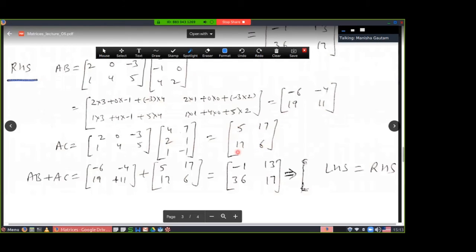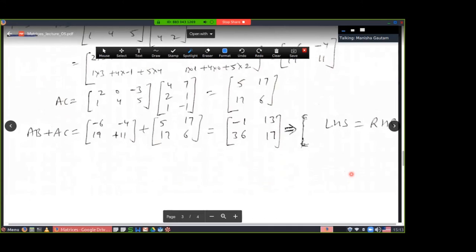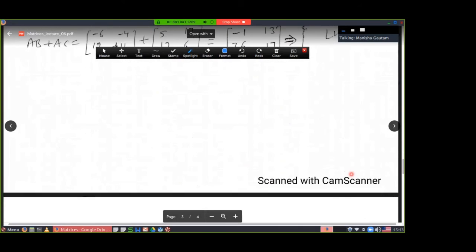In the right hand side, you have to add them. Both are matrices of the same order, so you can add them. Corresponding elements are added. Minus 6 plus 5, that is minus 1. Similarly, you will get 13, 36, 17, and left and right both sides are equal in this case.